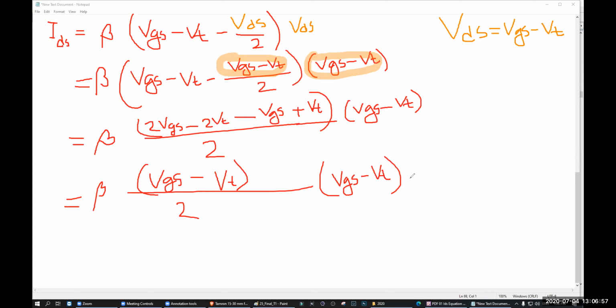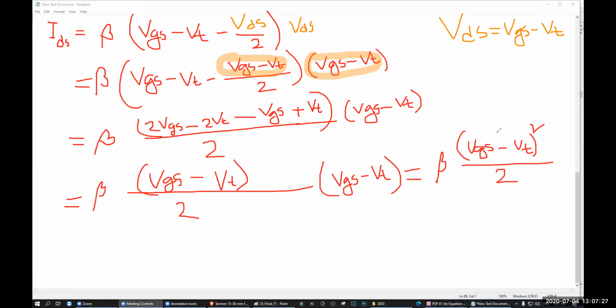From there, you can write beta, VGS minus VT, VGS minus VT, they will multiply and become VGS minus VT whole square divided by 2. Remember, this square is not on 2. 2 is independent, 2 is not squared, okay? So your IDS is equal to beta VGS minus VT whole square divided by 2.